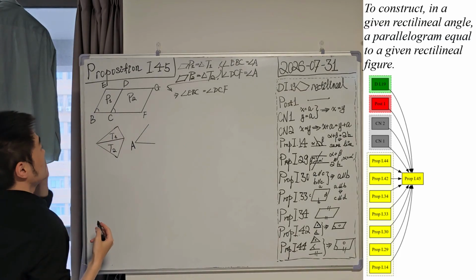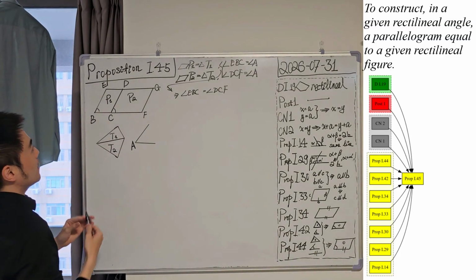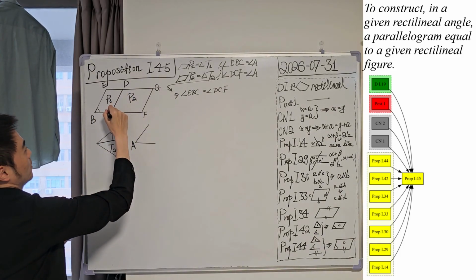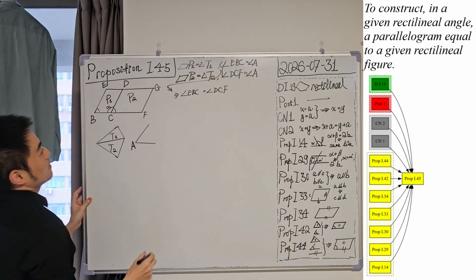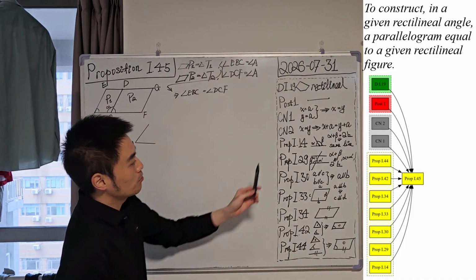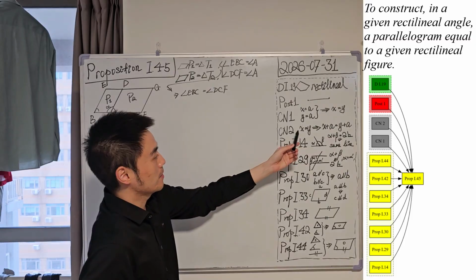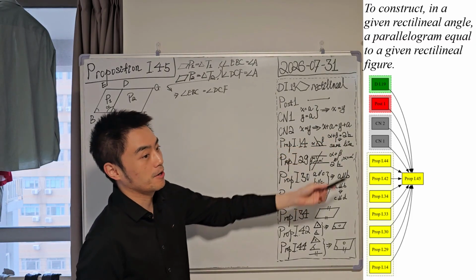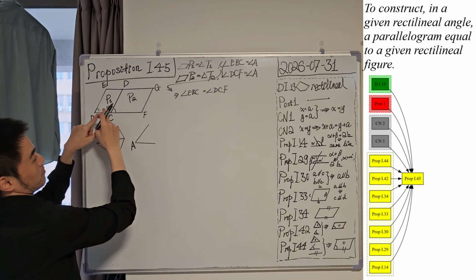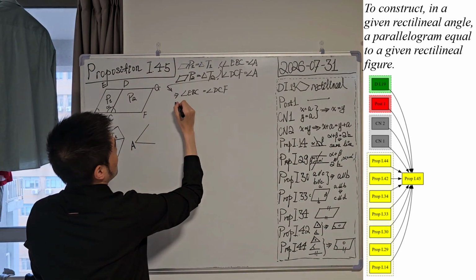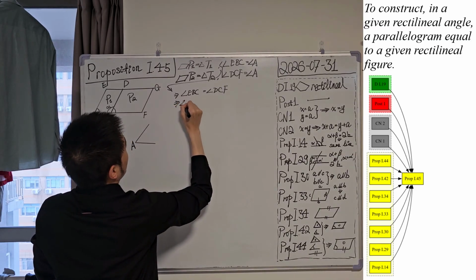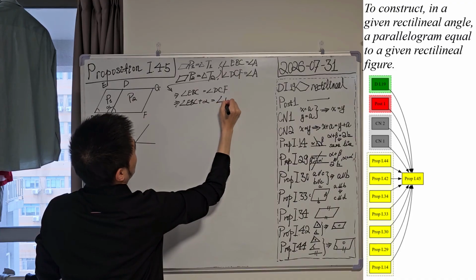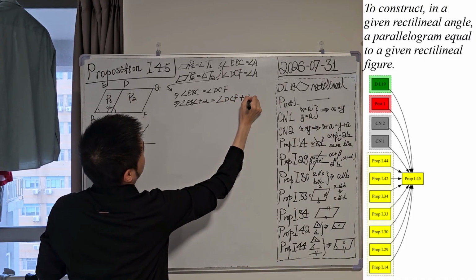And if we add angle DCB to both sides, for example, we call it alpha, and apply common notion 2, if equals are added to equals, the wholes are equal, then if we add the same thing, the equality still holds, right? So let us add alpha to both sides. Then we have angle EBC plus alpha equal to angle DCF plus alpha, right?